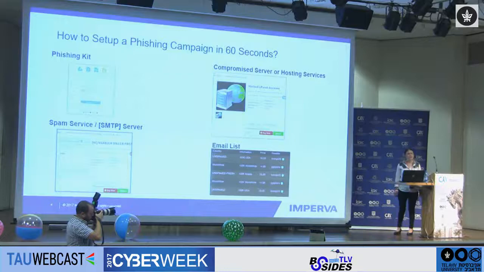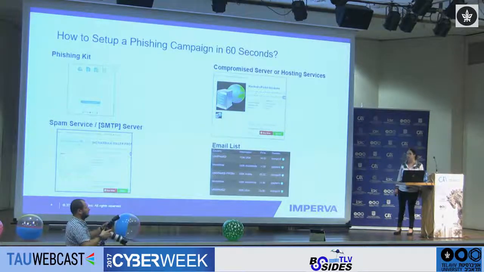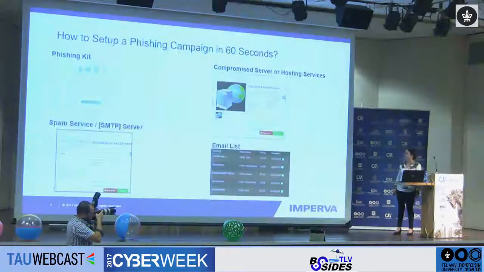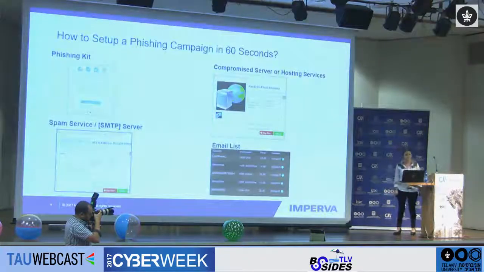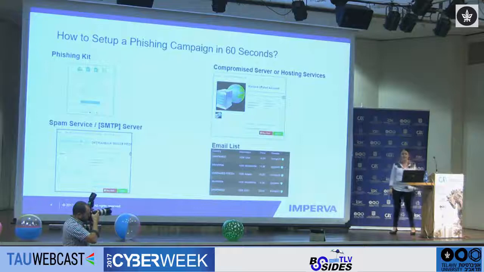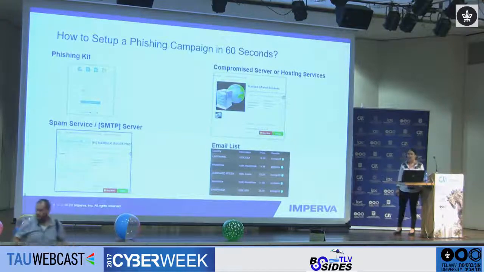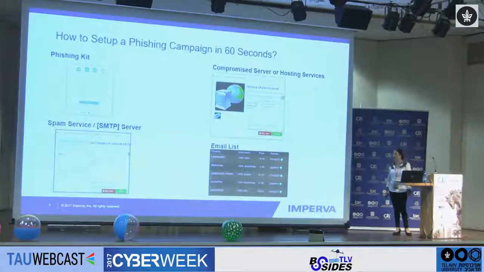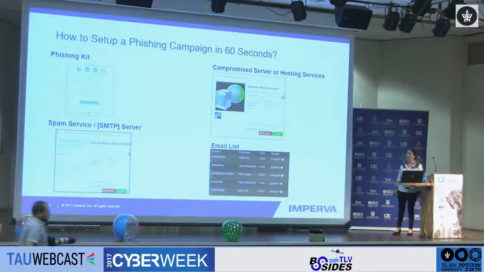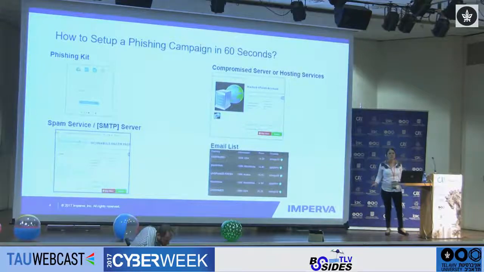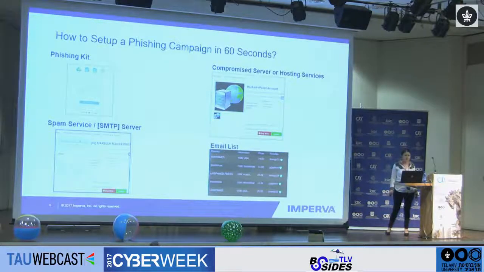A spam service or server, which allows sending a massive amount of phishing emails to the potential victims. And the last one, the email list for spamming, whose price depends on targets, country, and freshness. Each of these components can be easily purchased on the black market.